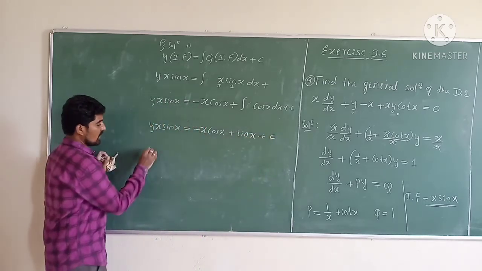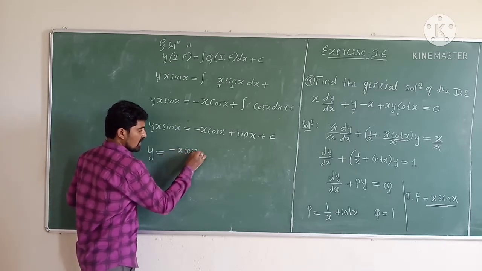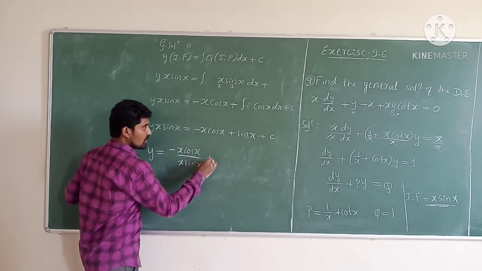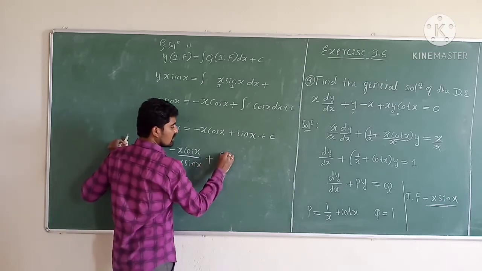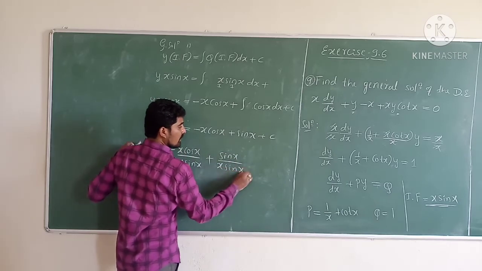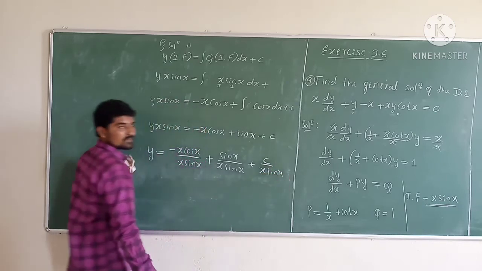So therefore the value of y is equal to minus x cos x divided by x sin x plus sin x divided by x sin x plus c divided by x sin x.